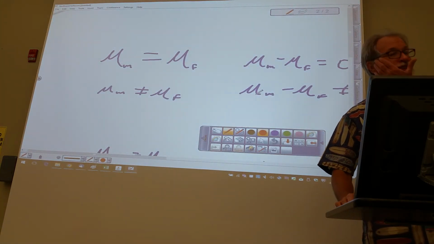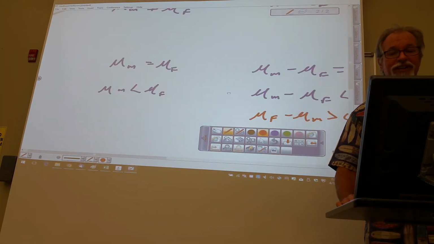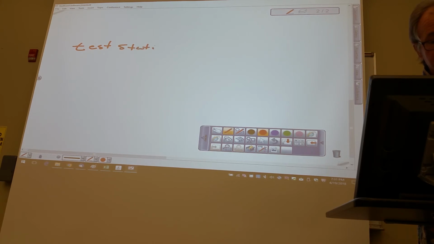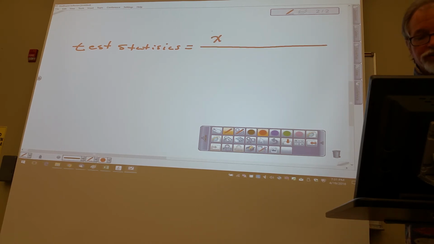Now this one gets a little funky. If you think about it, how were we calculating test statistics earlier? We either took the sample mean minus the population mean, and we divided it by the standard error.